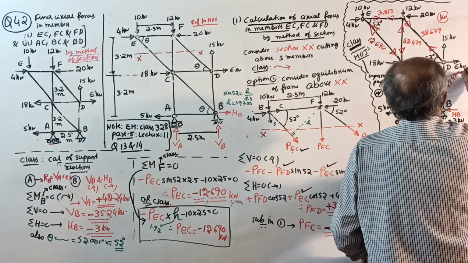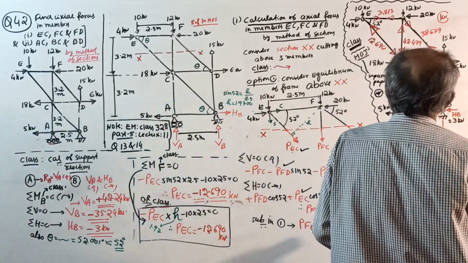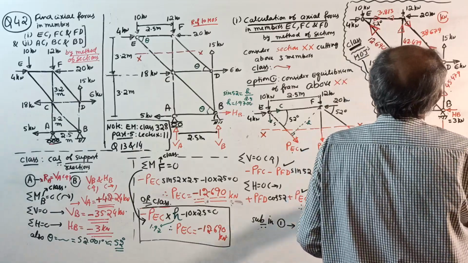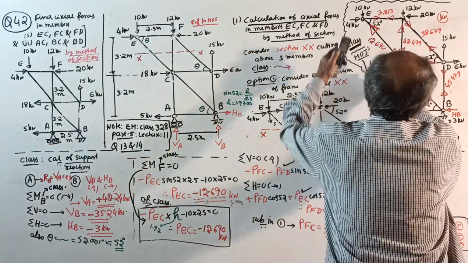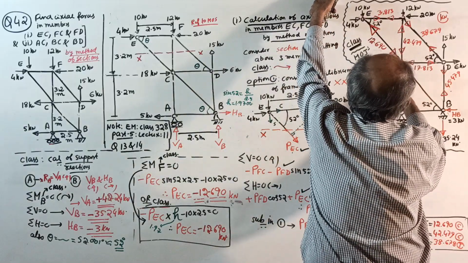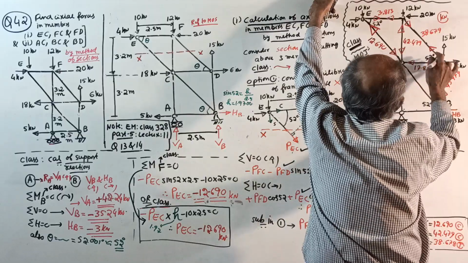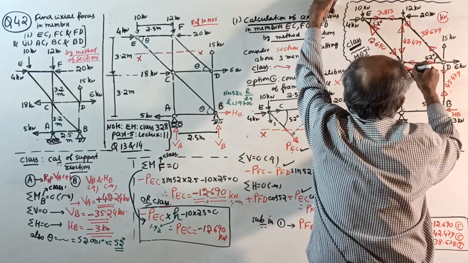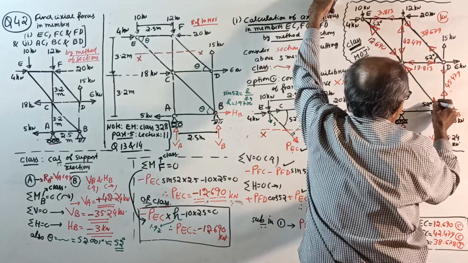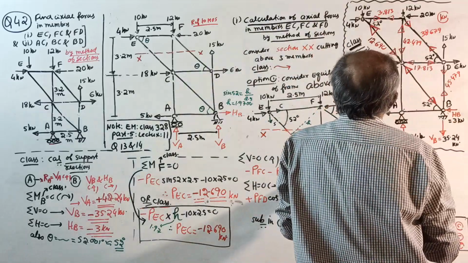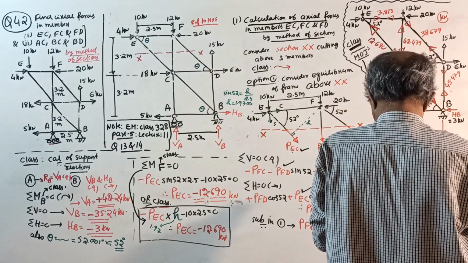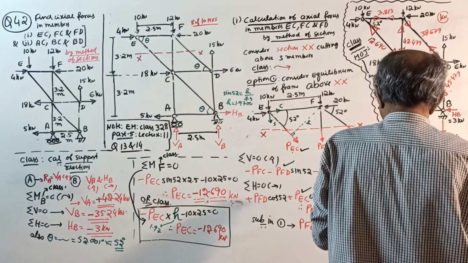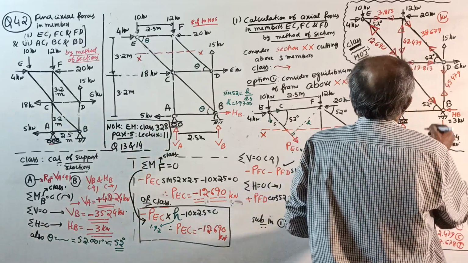Lastly, this joint. First inclined force. 17, 18. Both are this way. 12.994.